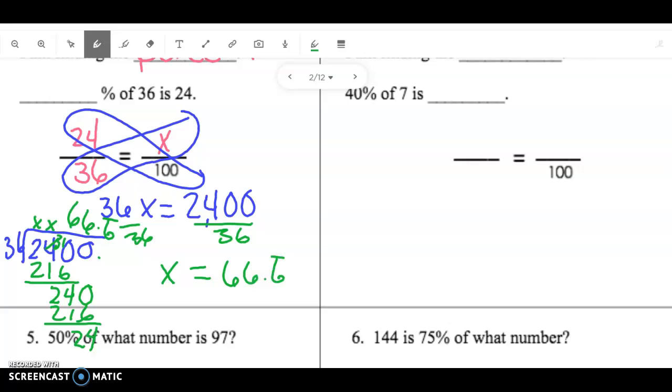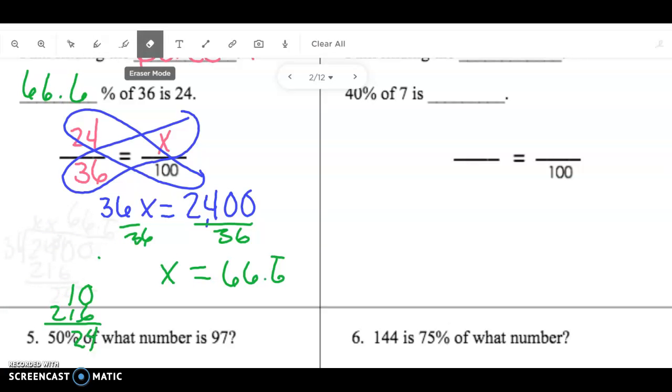That is the percentage. So 66.6% of 36 is 24. It's a messy problem. Let's clean that up a little bit.